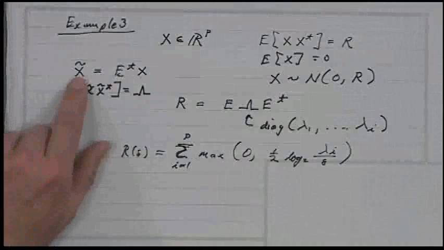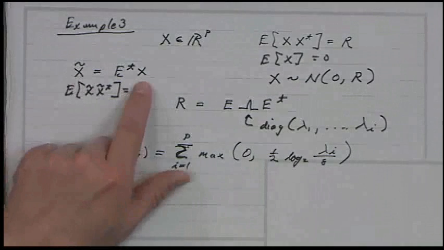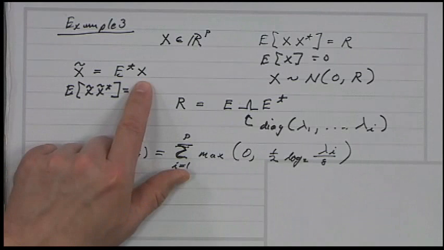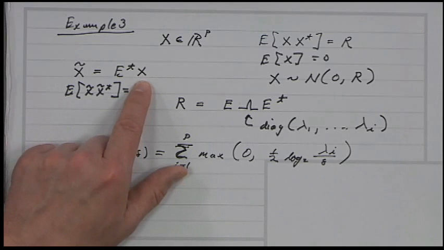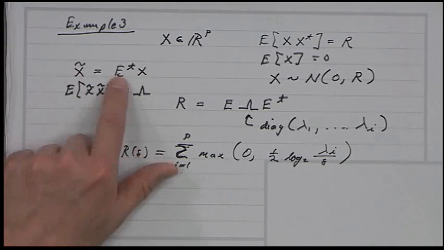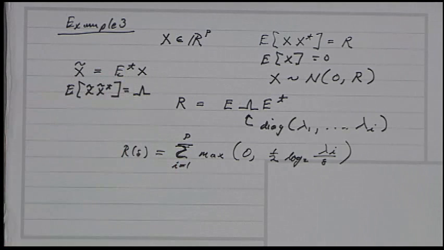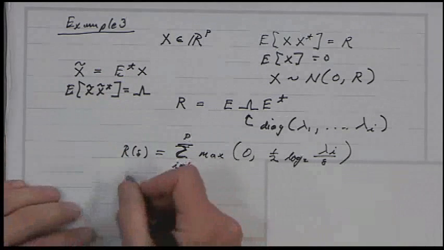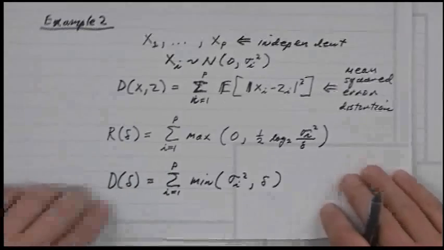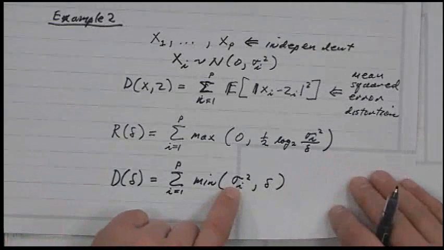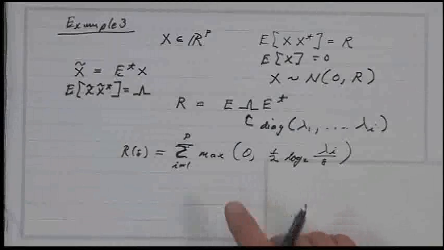And mean square error distortion in this domain is the same as mean square error distortion in the original domain because it's an orthonormal transform. Orthonormal transforms preserve distance, so mean square error in both domains is the same. So it's immediate that the rate distortion is the same formula as I used here, but instead of the sigma squares, I use the lambdas.